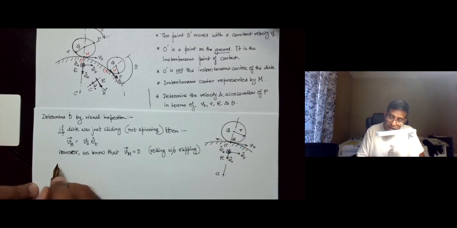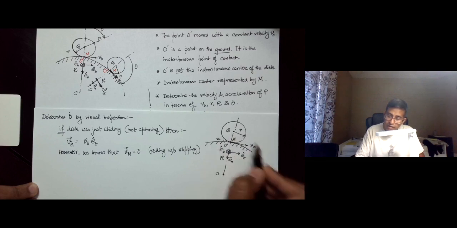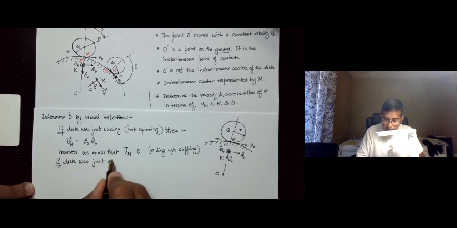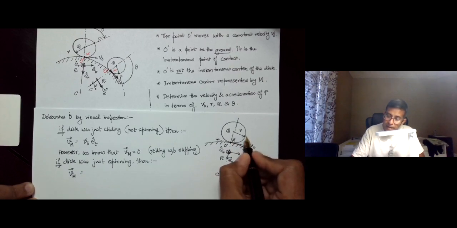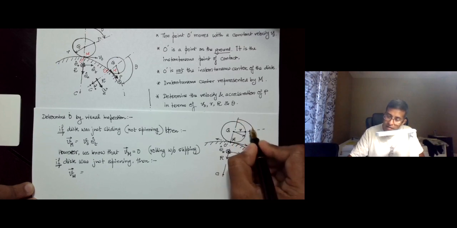So let's say now the case where a disk is just spinning about its axis. Okay, so it is not moving, it is just spinning about this axis with Q fixed. So if the disk was just spinning, then Vm would be equal to... and let's say the point P is here, theta was here.